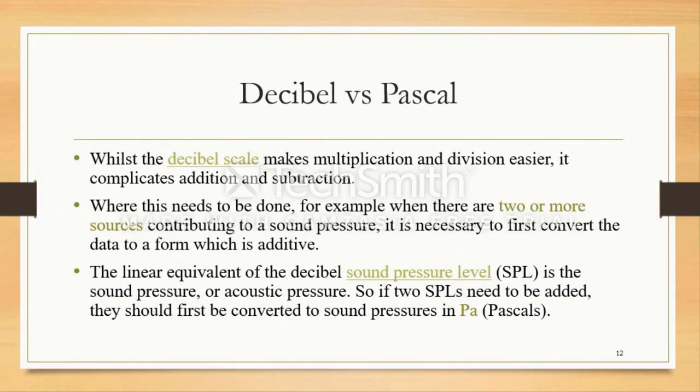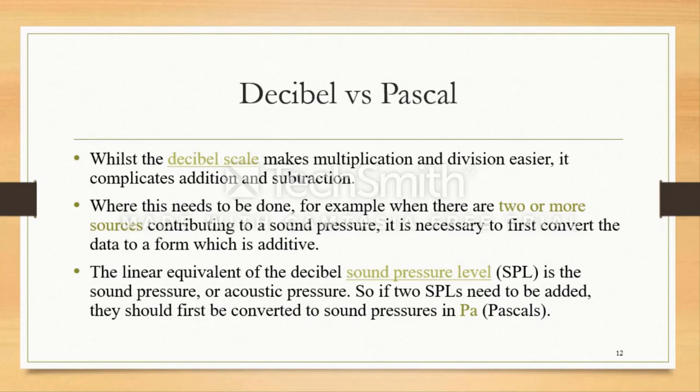Decibel versus Pascal. Whilst the decibel scales make multiplication and division easier, it complicates addition and subtraction. Where this needs to be done, for example, when there are two or more sources contributing to a sound pressure, it is necessary to first convert the data to the form which is additive.